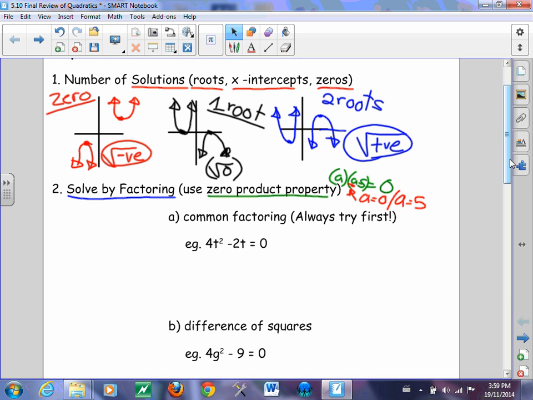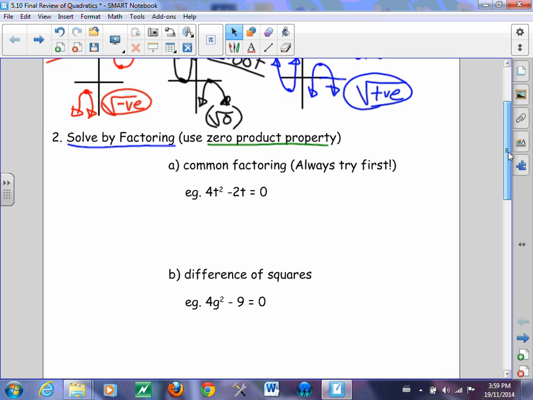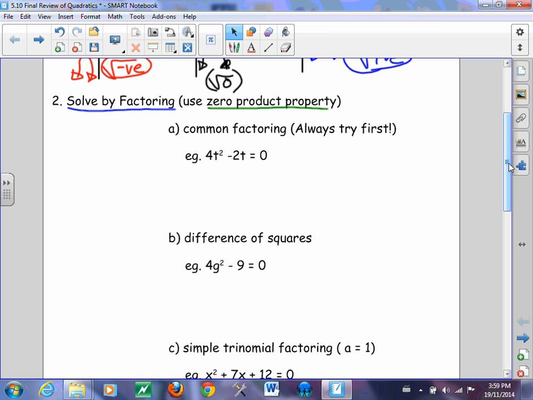If you're stuck with that, folks, come and see me. But we use that for all of our factoring. So let's just quickly take time to go over each type of factoring and an example. First of all, common factoring: you always try to common factor first, and you're looking for the greatest common factor, GCF.